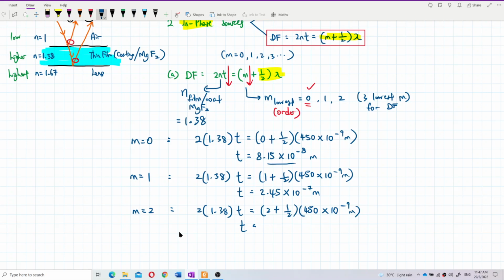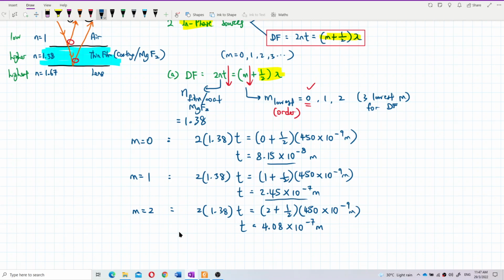Okay, order 2, and then the answer will be, the thickness will become 4.07, no, 4.08 exponent -7 meter.